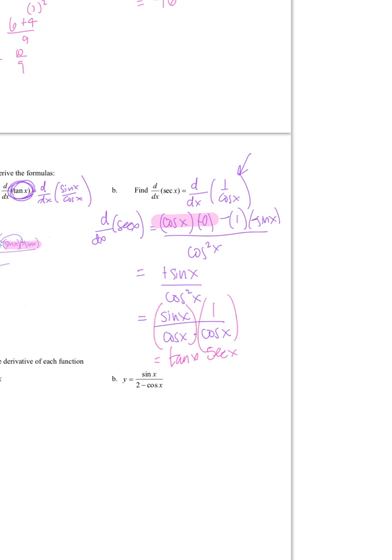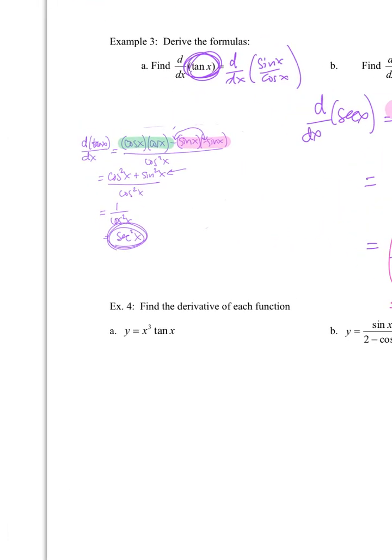All right, so now let's take a look at number 4. This is going to be a product rule, right? I'm going to do the derivative of y with respect to x. It's the first times the derivative of the second plus the second times the derivative of the first. Okay, now these two terms, there are two here.